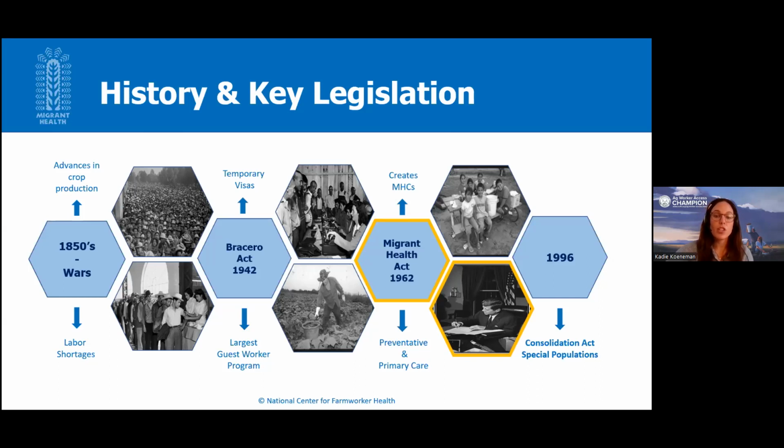Under this consolidation, migrant health money was integrated into the community health funding and then expanded its reach to also provide services to aged and disabled agricultural workers. So Section 330 of the Public Health Services Act is defined as the Health Center Program, which is a funding opportunity for organizations to provide healthcare services to underserved populations.